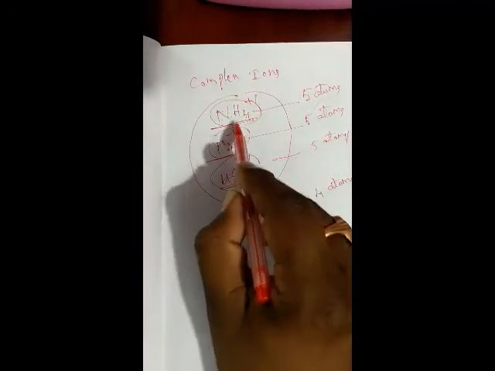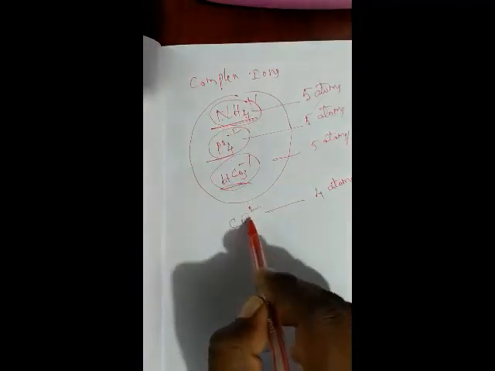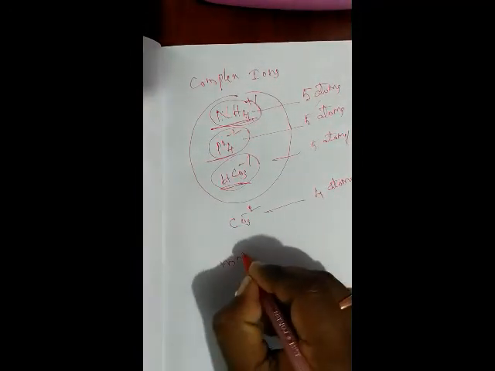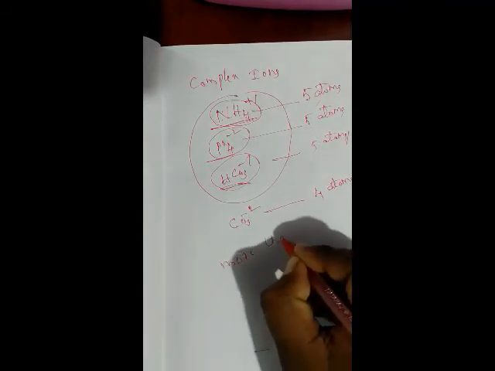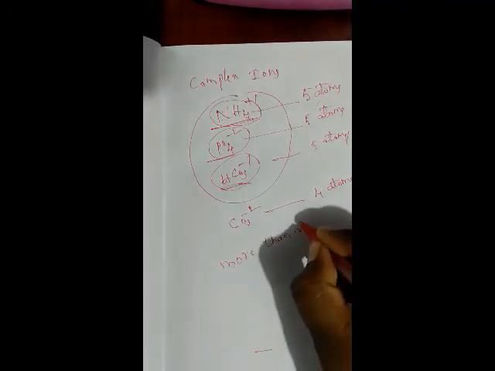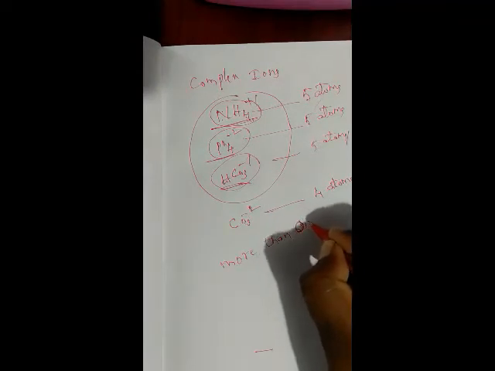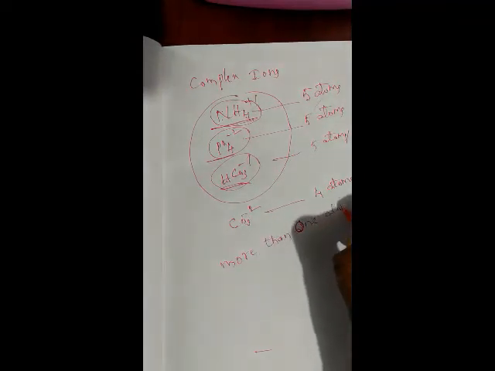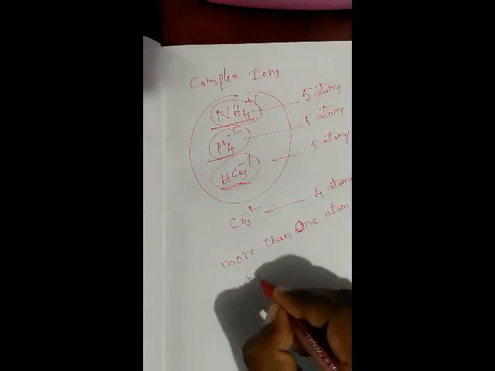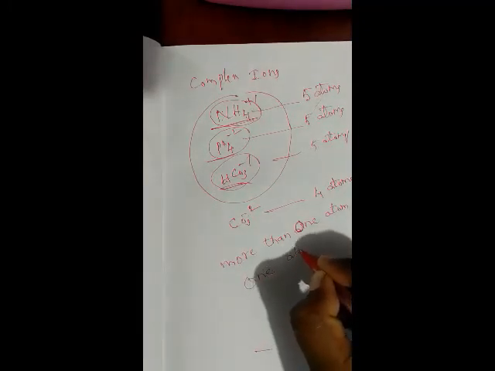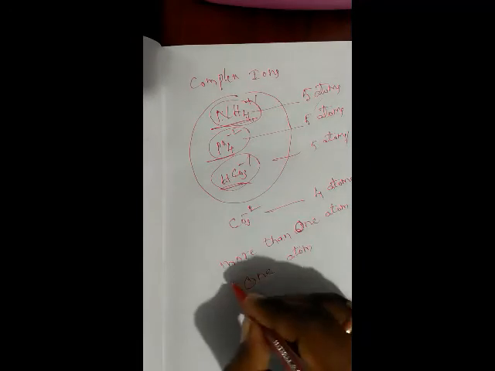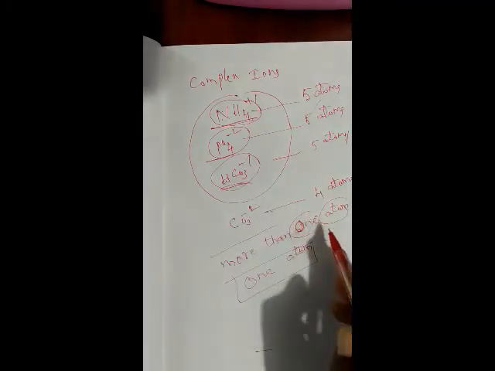So here the ion which contains more than one atom, that means maybe 2, maybe 3, maybe 4, maybe 5, maybe 6, maybe 7, like that. Okay, so here the ions which contain more than one atom are known as complex ions.